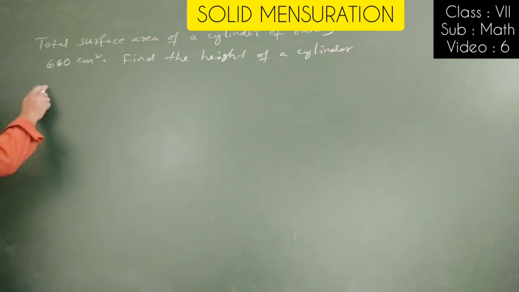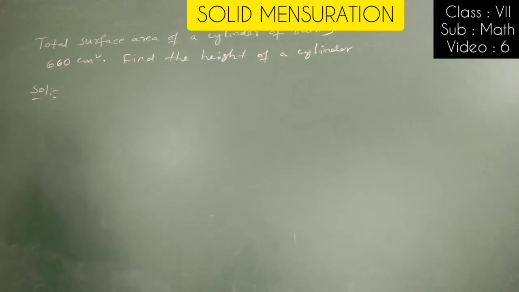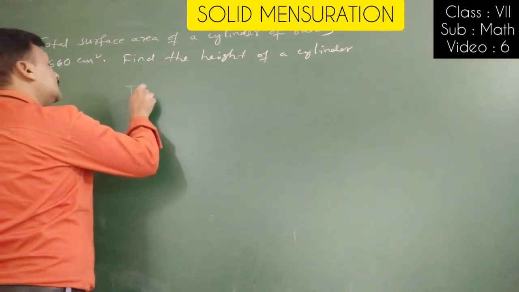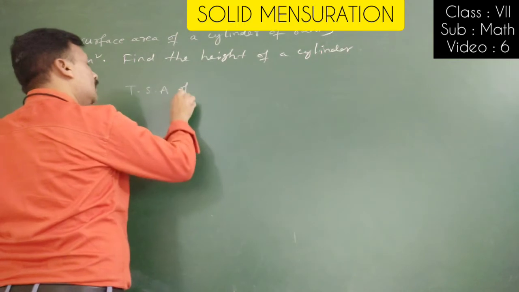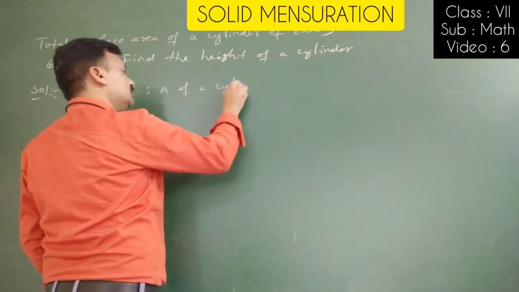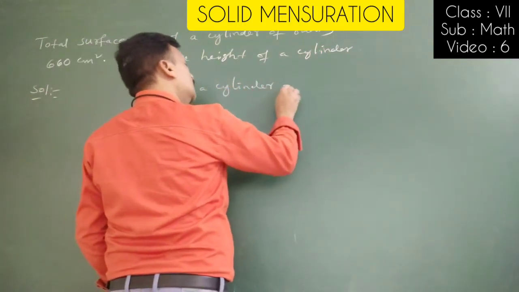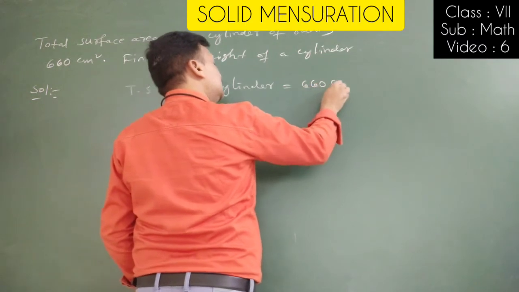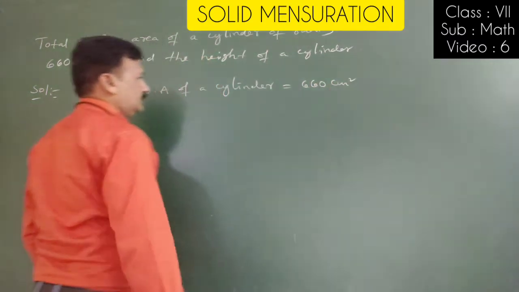Here we need to find the height of a cylinder with the help of surface area and radius. First of all, total surface area of a cylinder is equal to 660 centimeters square.